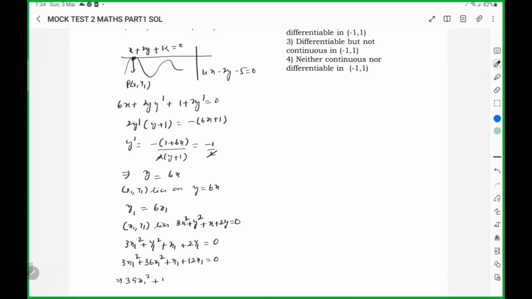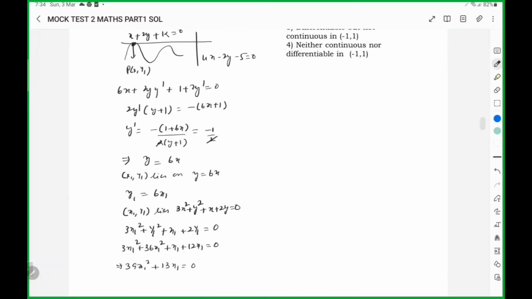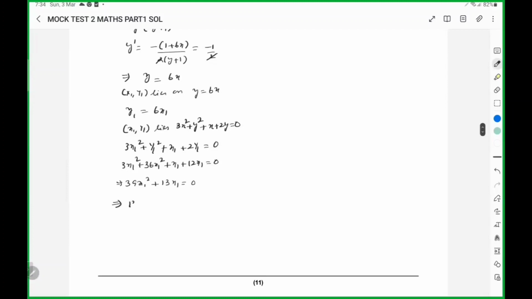So 39x1 square plus 13x1 into 3x1 plus 1 equals 0. x1 is 0 or -1/3. Point here is 0, 0, 1 point. Other is -1/3, comma -2.